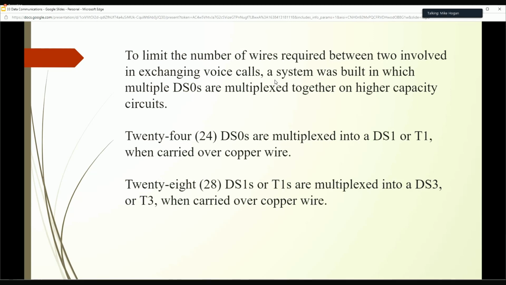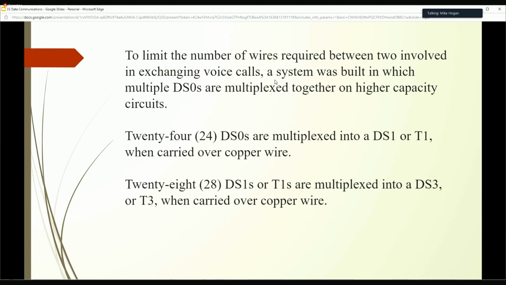And then if you look at it, 28 DS1s or T1s are multiplexed into a DS3 or a T3, right? So if you had 24 64K channels in a T1 or a DS1, well, you got 28 of those in a DS3 or a T3.